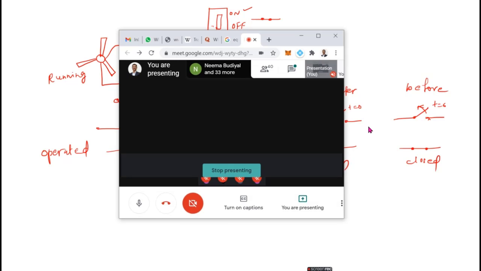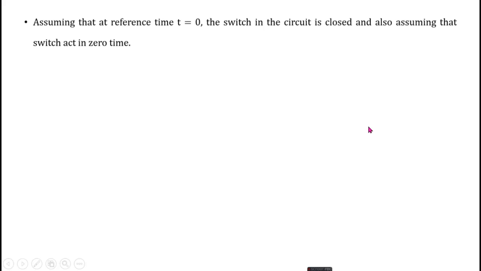All right. So next thing is, assuming that at a reference time t is equal to 0, the switch in the circuit is closed, and also assuming that the switch acts in 0 time, meaning it goes from off to on with no transition delay.